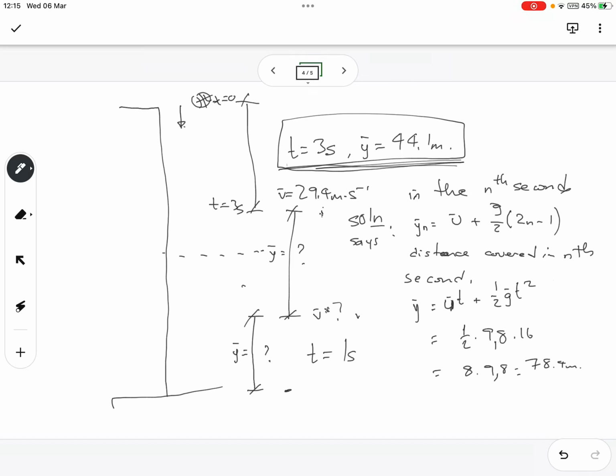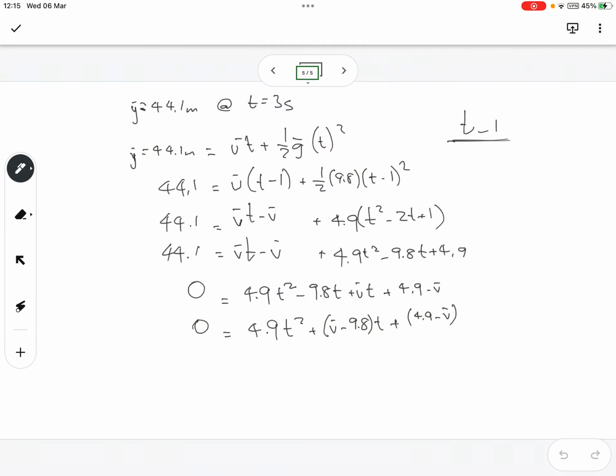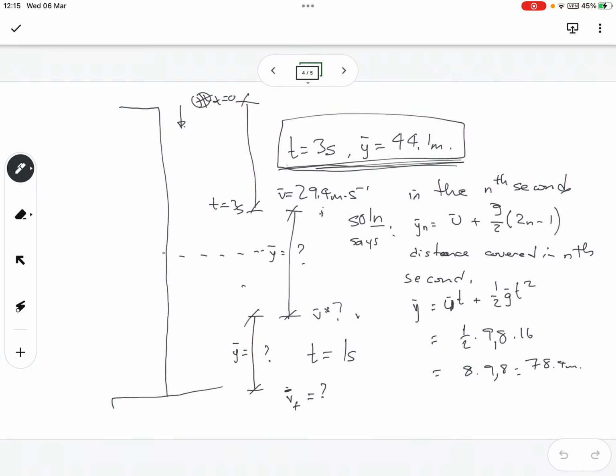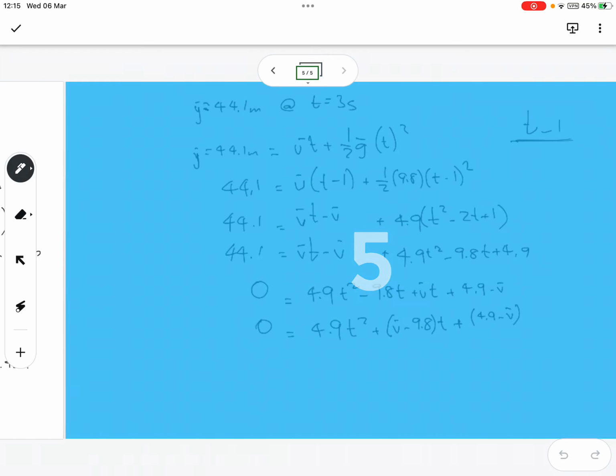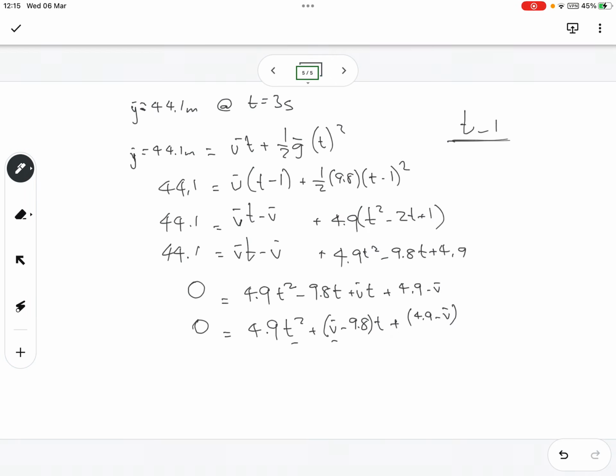But what's the final velocity here? We don't know. So that's not going to work. Turn off this equation. Okay, I wanted to find another equation so that it's a lot more possible to solve simultaneously for t and v.